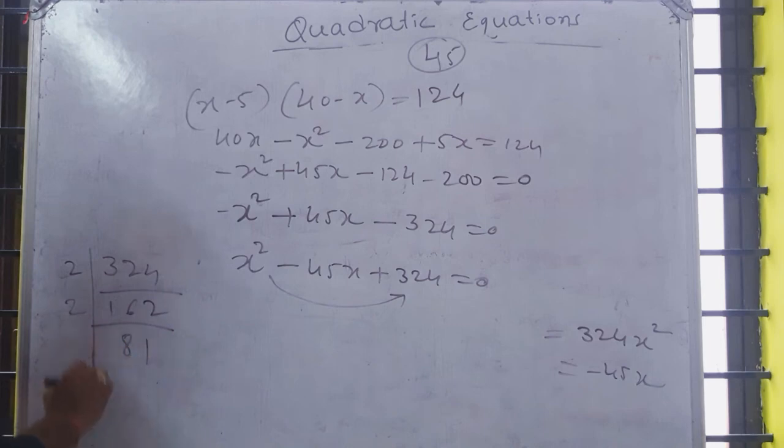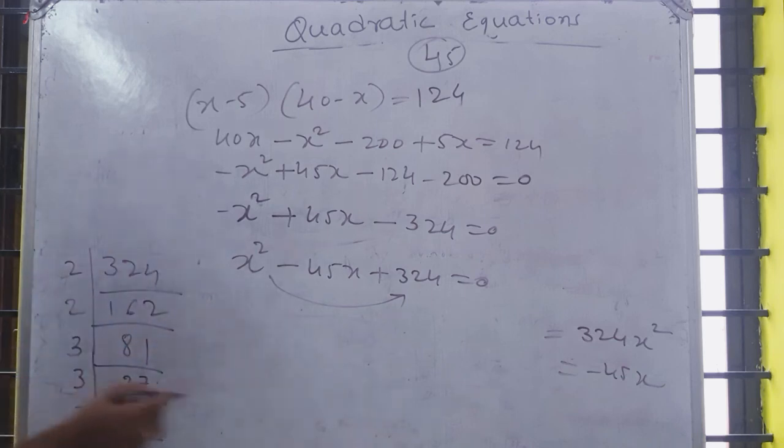Now directly you can take 9 or 3, better go by the least numbers. 3 2s are 6, 3 9s are 27, 3 3s are, and 3 1s are.